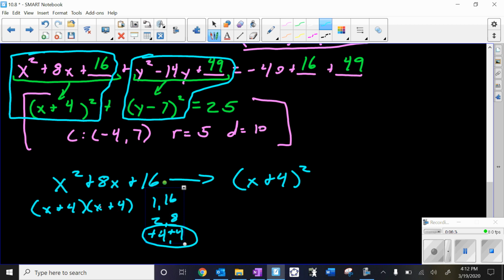How many groupings of x plus 4 do I have? I have 2 of them, so I can rewrite it as x plus 4 quantity squared. When you're completing the square at the top, you are really just skipping this middle step at the bottom and going straight to that step. That's how we come up with writing the equation of our circle in standard form.